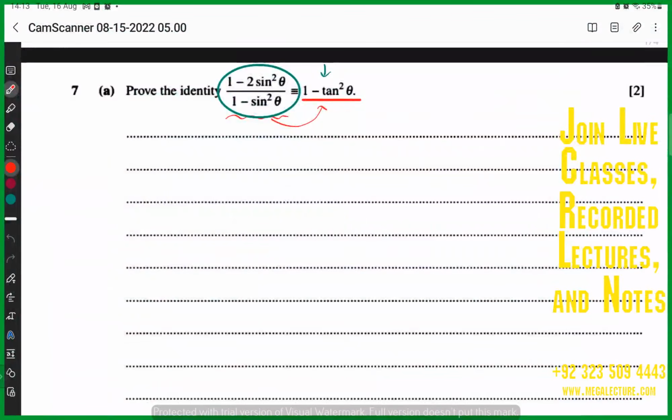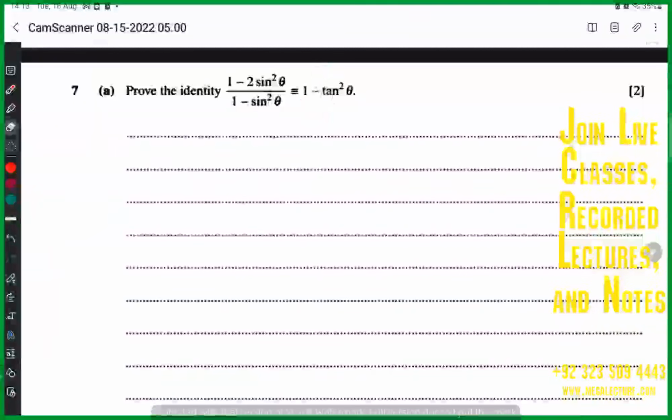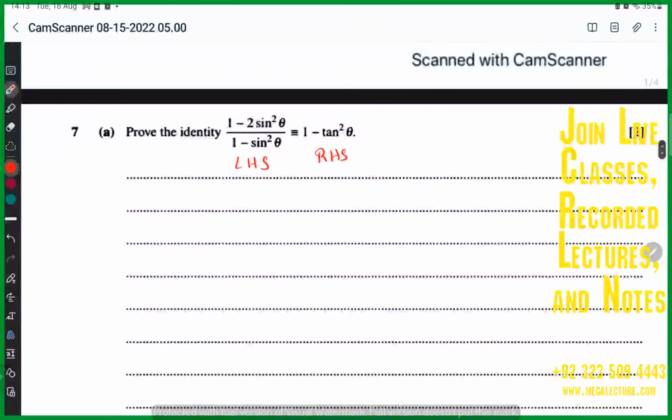Okay, so I would certainly refer to the identities that we have just discussed, because they would be new for you guys. All right. Okay, it says prove the identity. Now this is the identity. Okay, now this is your left hand side and this is your right hand side.